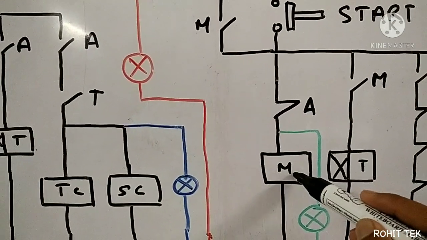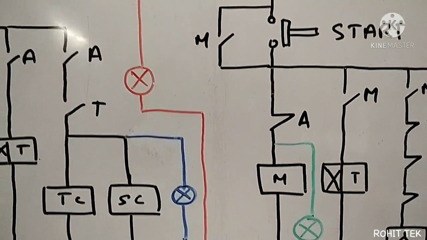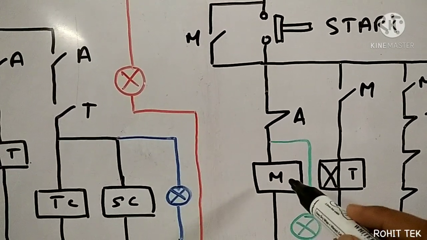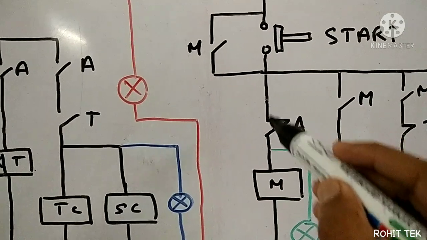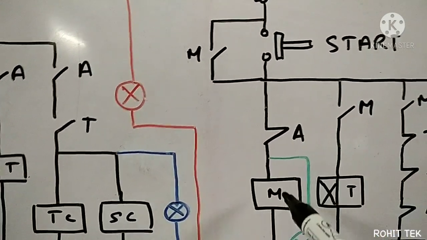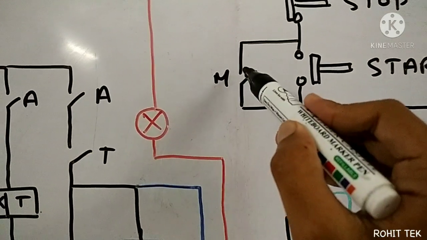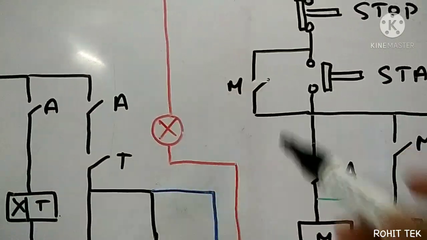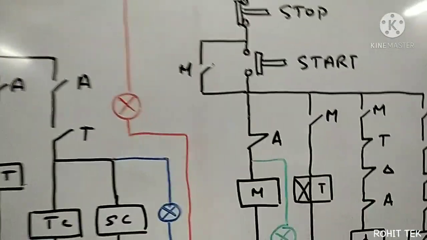This main contactor will get energized. Okay, and the state of its contacts will change, means this NO will become NC. Wait, I have to use another marker.